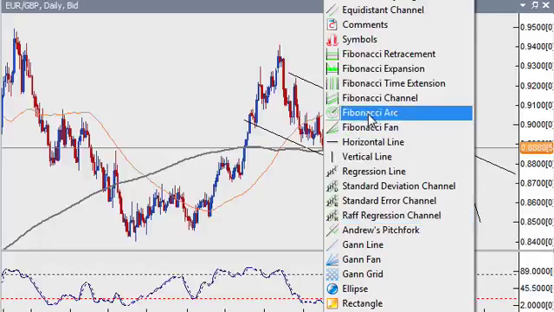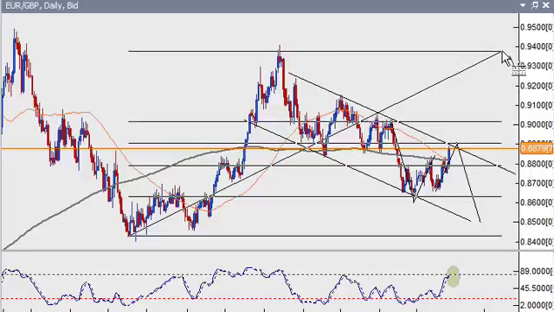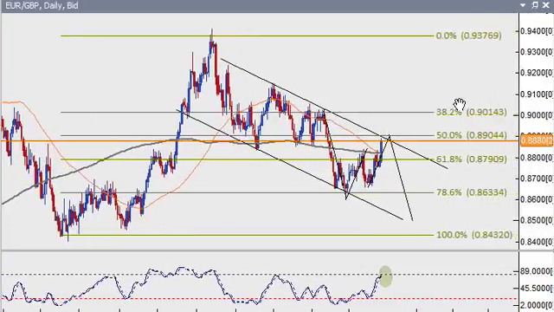And once again, here's a retracement level. We already broke the 78. We are at the 78.6%. So this would be a projection to break it, and if it breaks, it might go all the way to the 0.8430 area for this projection. All right. So that's the euro pound pair.